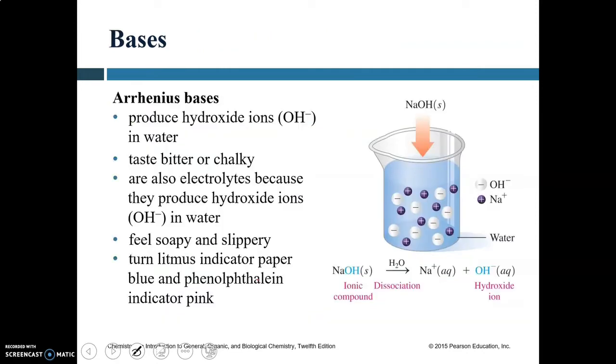Arrhenius bases are compounds that produce hydroxide ions when they're dissolved in water. If you taste them, which I suggest you don't, they taste bitter or chalky. Since they produce ions when dissolved in water, they are also electrolytes. Between the fingers, they feel soapy and slippery, and red litmus indicator paper will be turned blue, while phenolphthalein indicator will be turned pink.